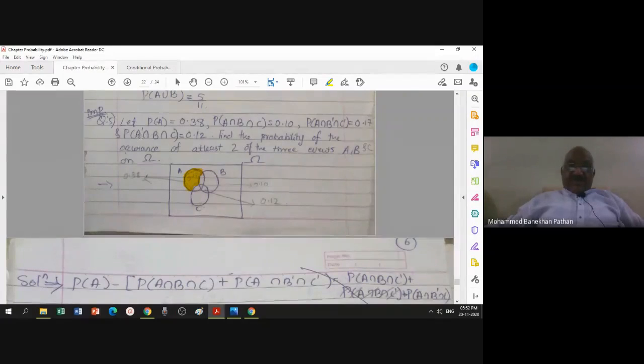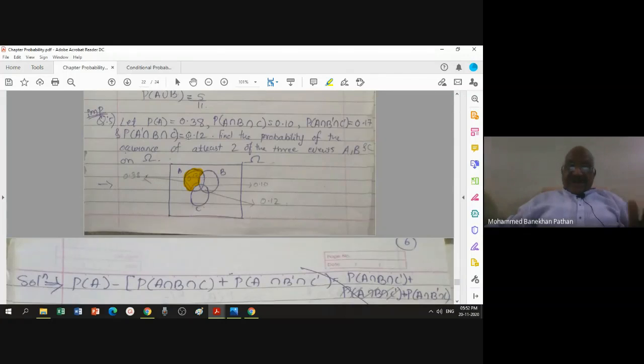A' ∩ B ∩ C: B and C but out of A. B and C out of A, that means this circle, where I put the value 0.12. So this is 0.10, this is 0.12, and this yellow is 0.17. Now what is 0.38? It is the chance of the entire event A. So this entire circle of A is the chance of A occurring in the experiment, 0.38.